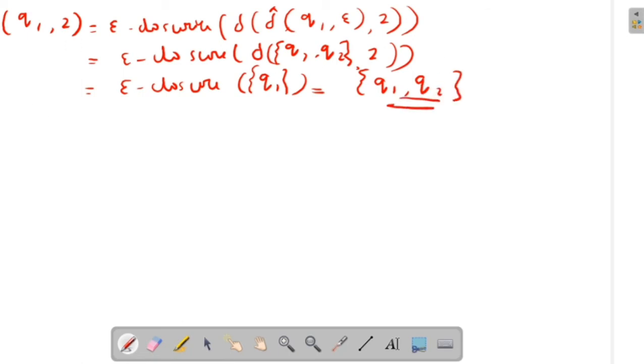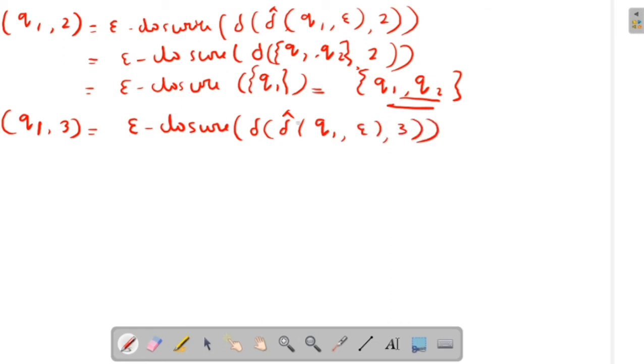Okay, next we find out what is delta dash of Q1 comma 3. Delta dash of Q1 comma 3 is epsilon closure of delta cap of Q1 comma epsilon comma 3.